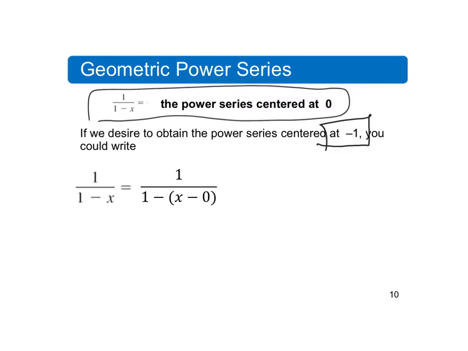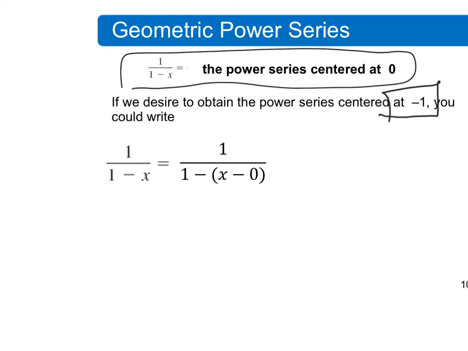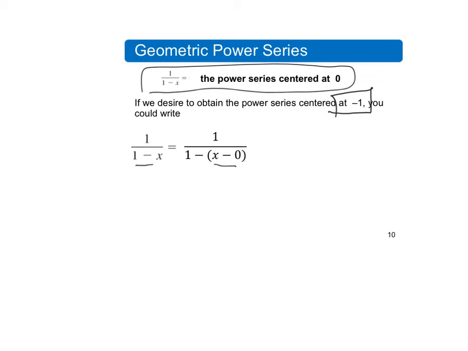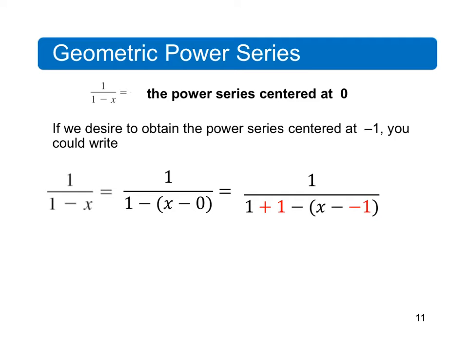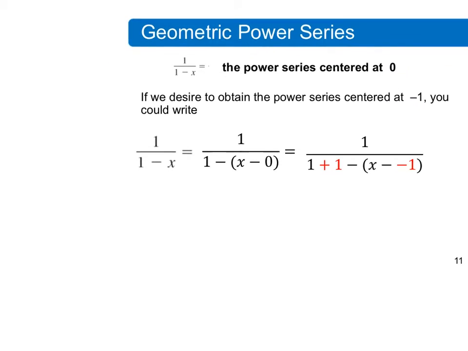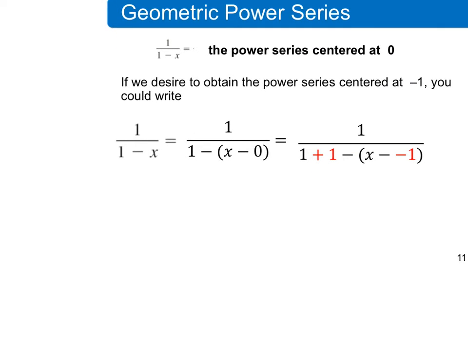Let me show you how to do this. We already have this one centered at 0. If I want to center this at -1, I'll just take this slide. So instead of minus 0, I want to have it minus a -1.